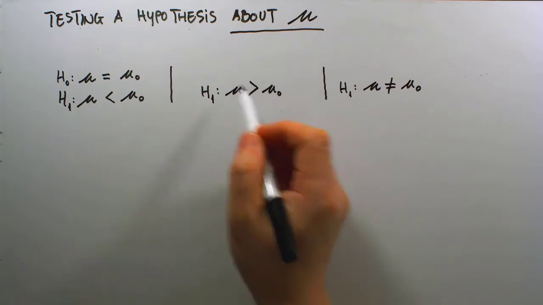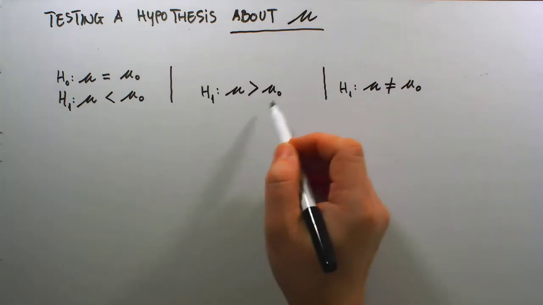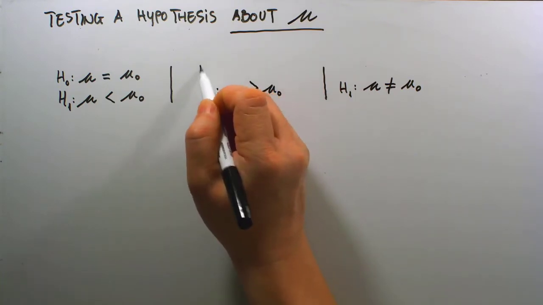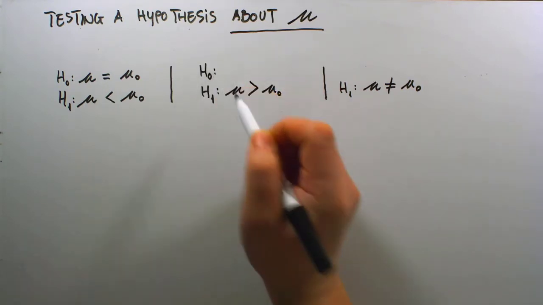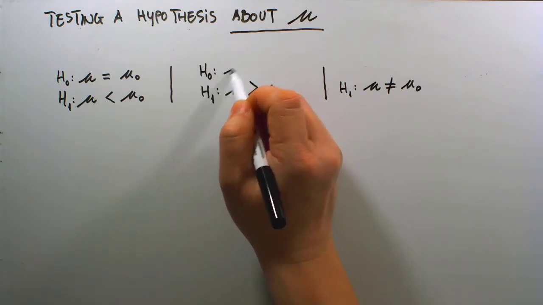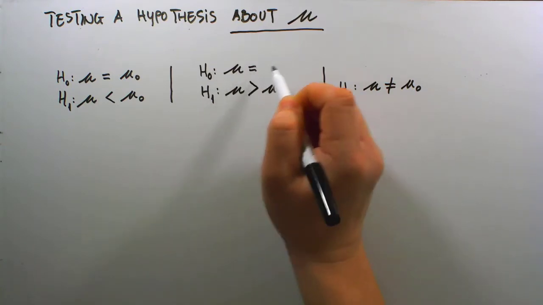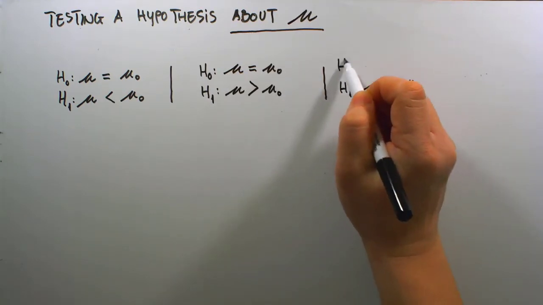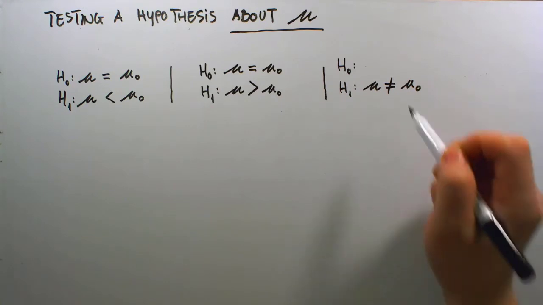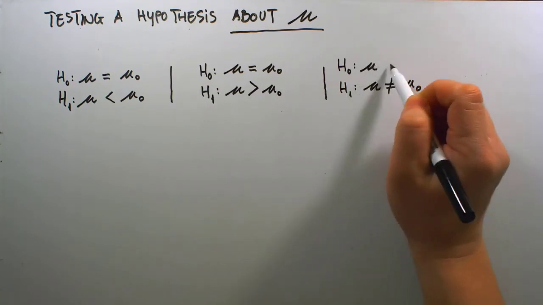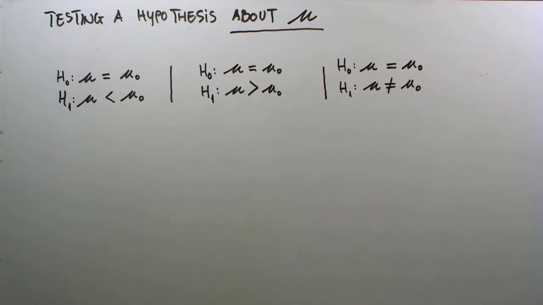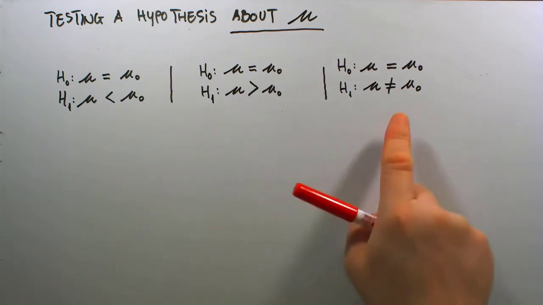Once we have identified our alternative hypothesis, the null hypothesis can easily be identified as saying that mu equals that claimed value. The null hypothesis must say that mu is equal to the value being claimed.